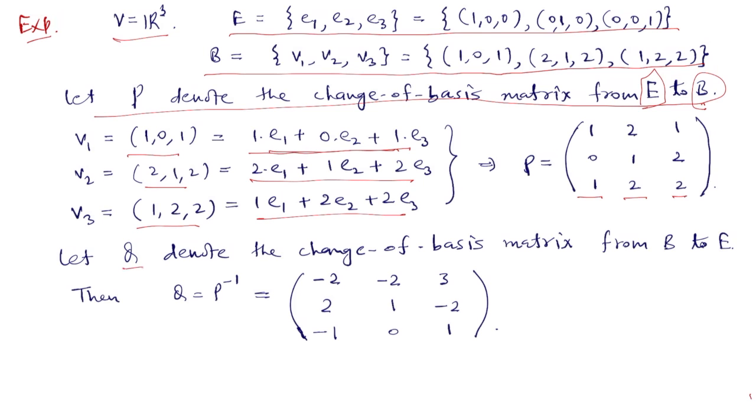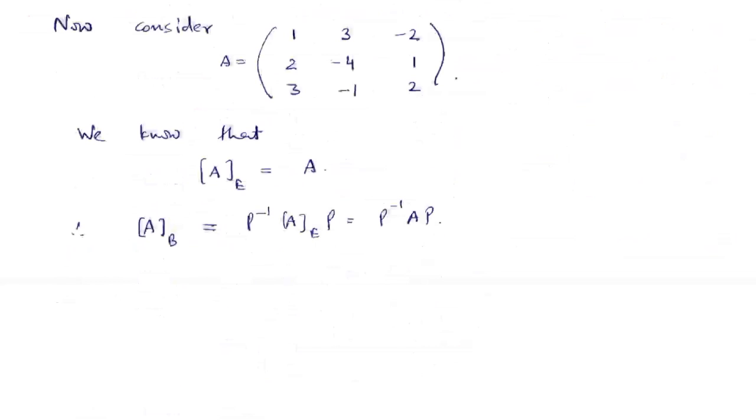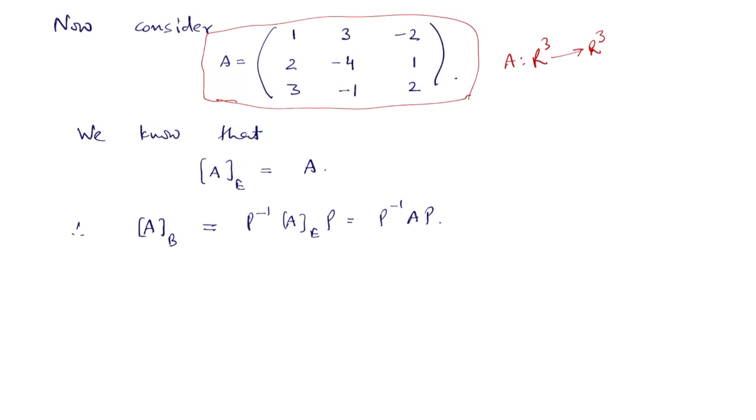Now let Q denote the change of basis matrix from B to E. Then Q will be P inverse, and if you calculate P inverse you will get this one. Now consider this matrix A. We can consider this matrix as a linear transformation from R cube to R cube. We know that the matrix of A as a linear transformation with respect to the standard basis is A itself.